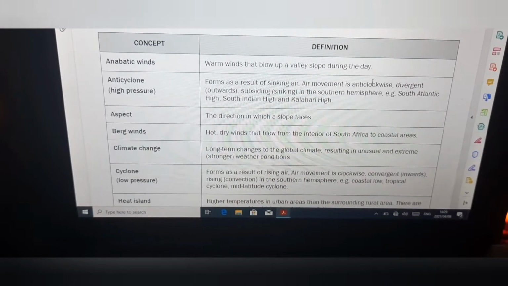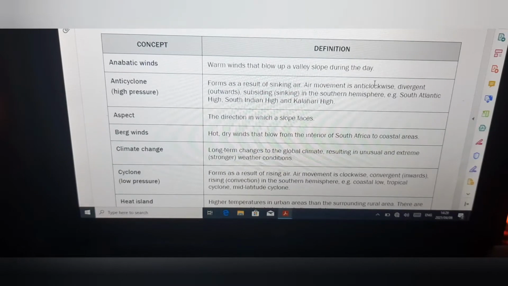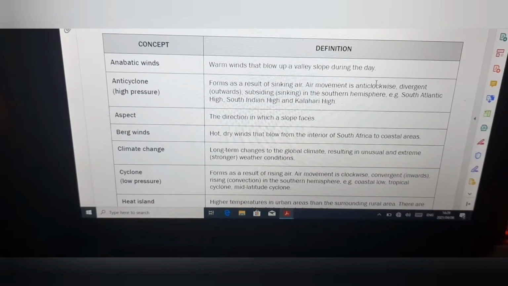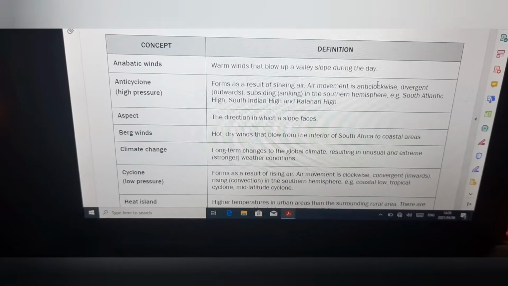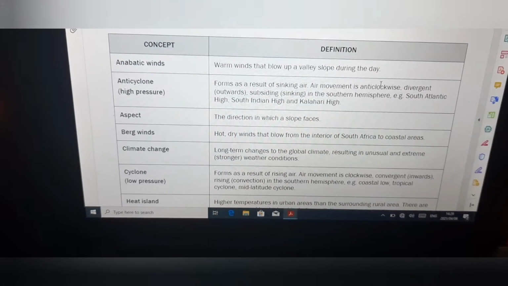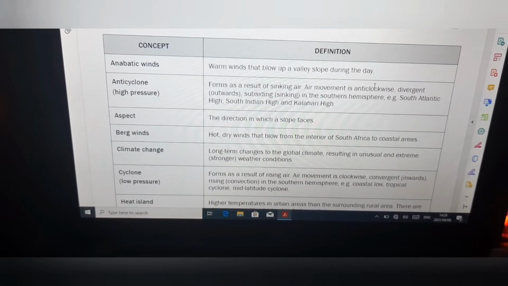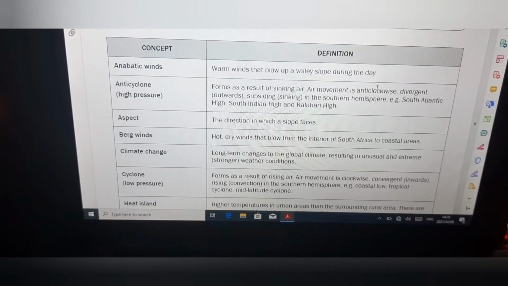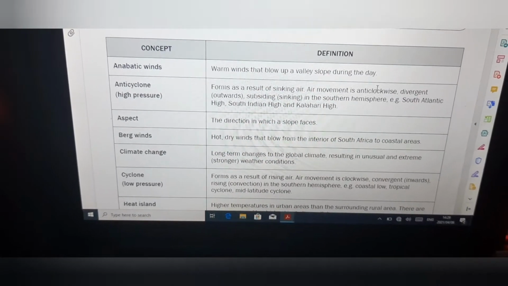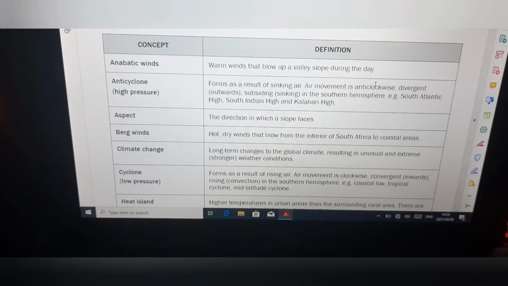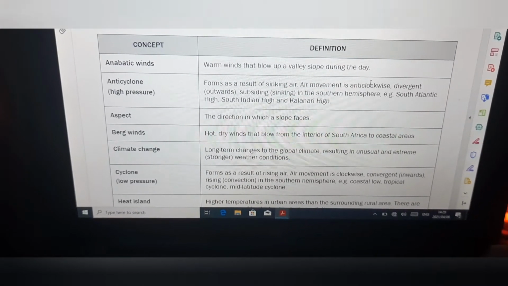Aspect: the direction in which a slope faces. So you'll be told in a question or a paragraph or a sentence that you have aspects. When you have that, just know that it is the direction in which a slope faces. It's called an aspect. The berg winds.